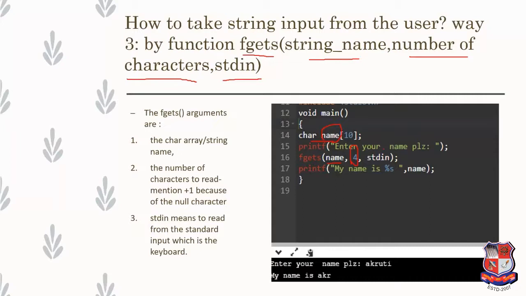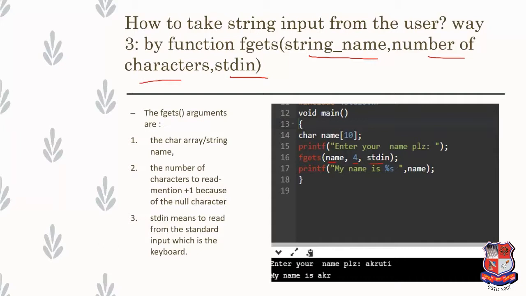That's why I have mentioned 4. You can see the first one is string name, second one is number of characters, third one is stdin, which by default I have to write.